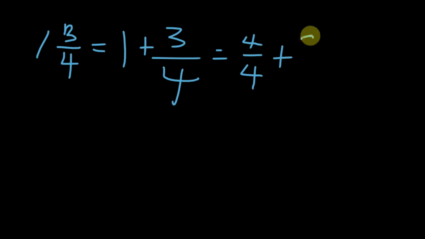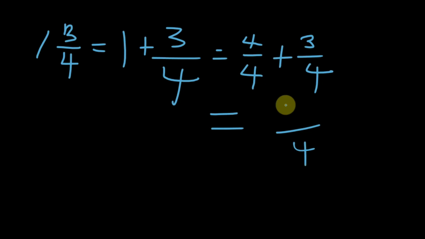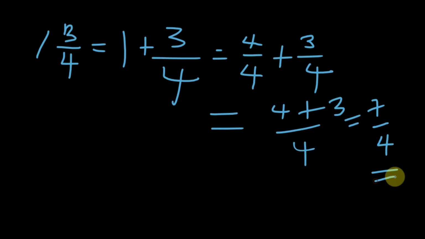Then we have 3/4, so our denominators are alike. Now we have 4 plus 3, which gives us 7/4, the final answer.